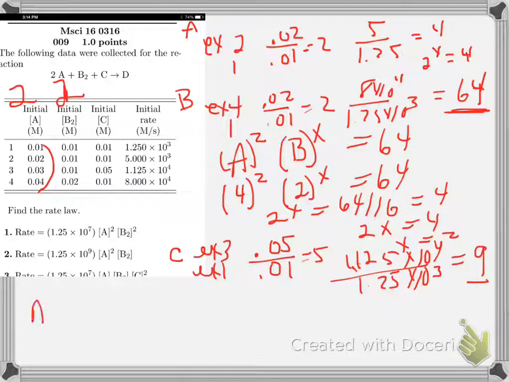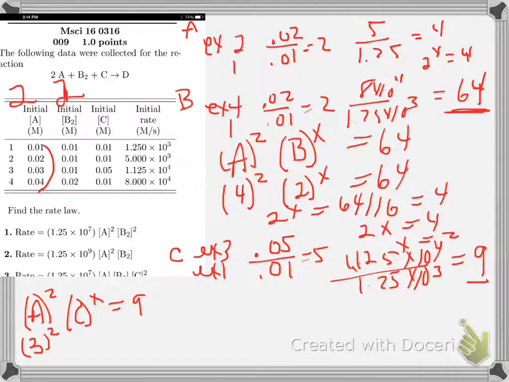So again, A is squared. In this case, B is staying the same, so I can ignore B. And C to the x equals 9. So A, in this case, if I'm going from experiment 1 to 3, I've tripled A and squared that.